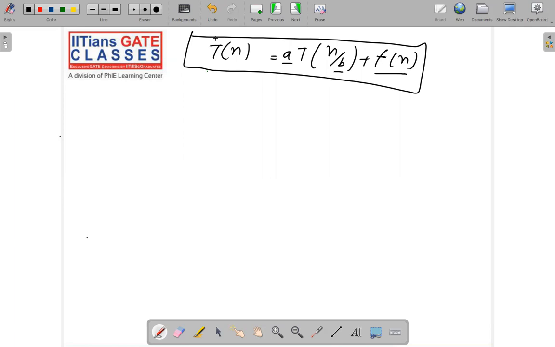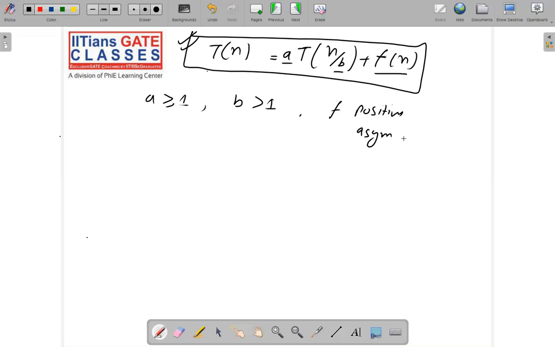In the GATE examination, you will see recurrence relations or functions in this format, where a and b are constants. The value of a should be greater than 1, b should be greater than 1, and the function f should be asymptotically positive.